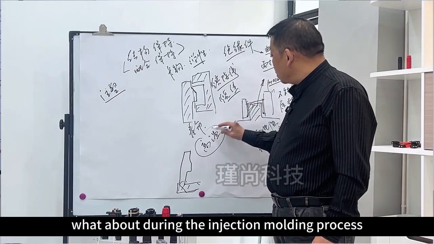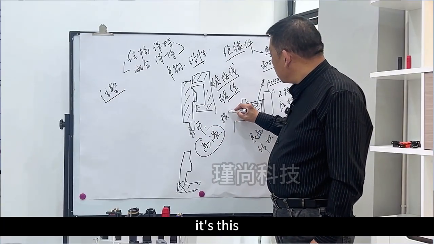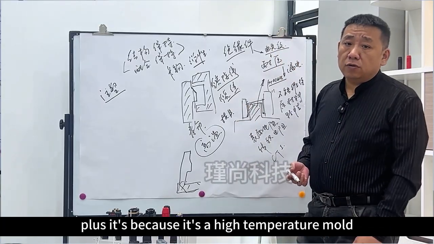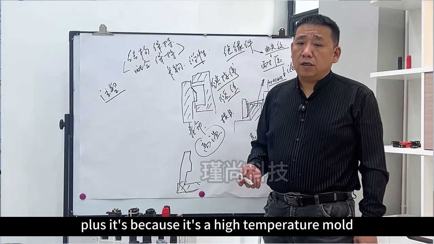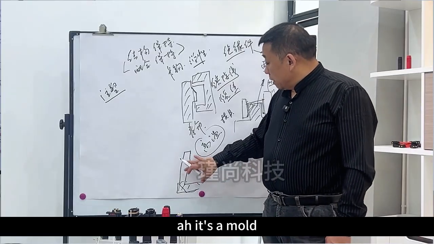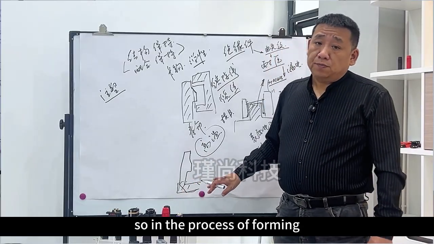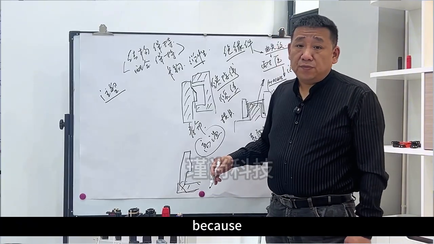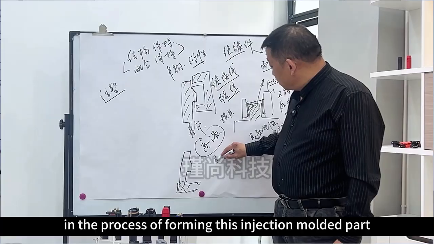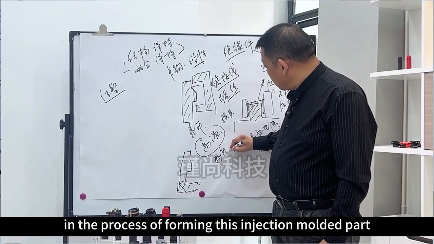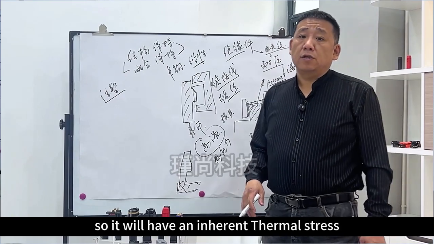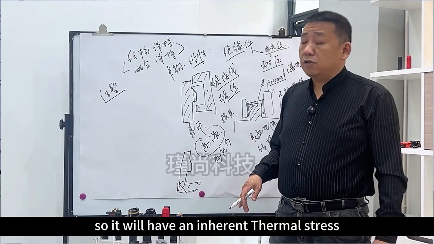What about during the injection molding process? The interval will be smaller. Plus it's because it's a high temperature mold. So in the process of forming, because of the high temperature of the mold, and the temperature differences in the process of forming this injection molded part, it will have an inherent thermal stress.